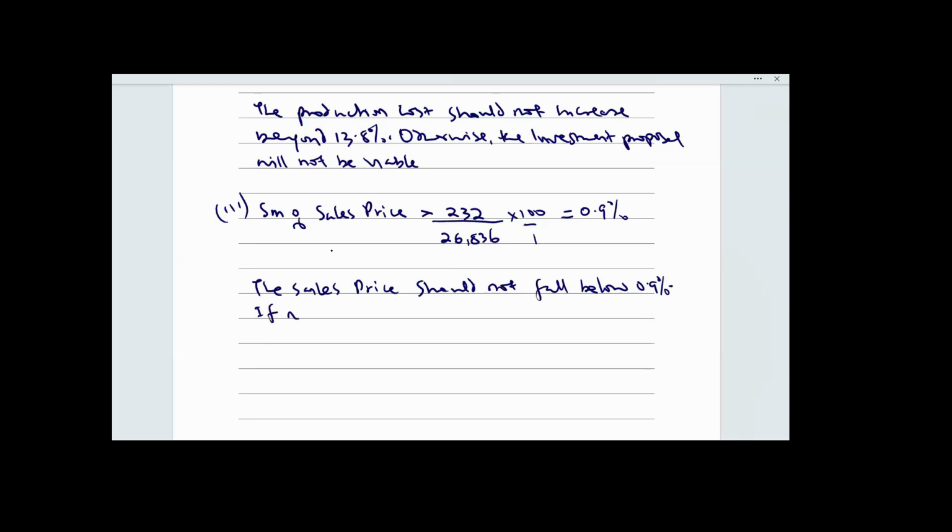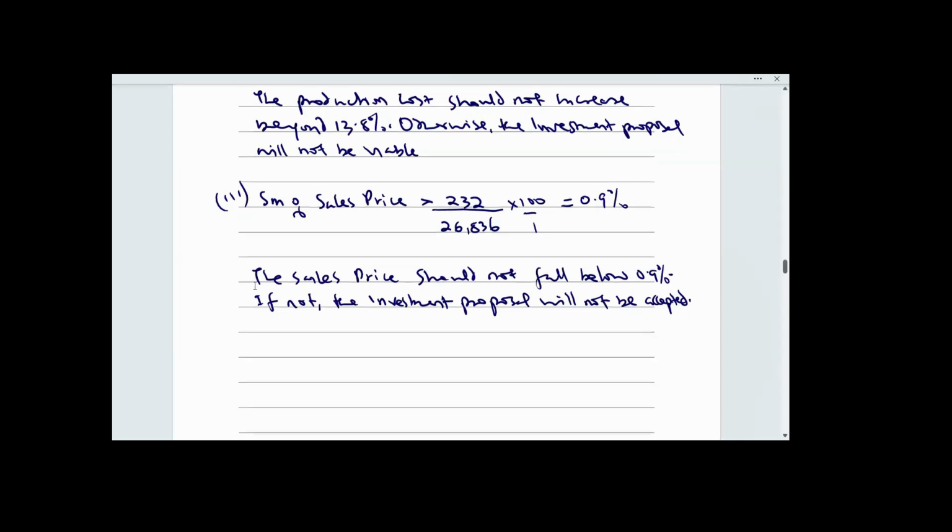If not, the investment proposal will not be viable, will not be accepted. What this simply means is that the selling price of 24 naira, you can reduce it further by 0.9%. It is this 0.9% that will make the NPV break even. Any point below this 0.9%, the NPV will be negative, which means it's not viable.